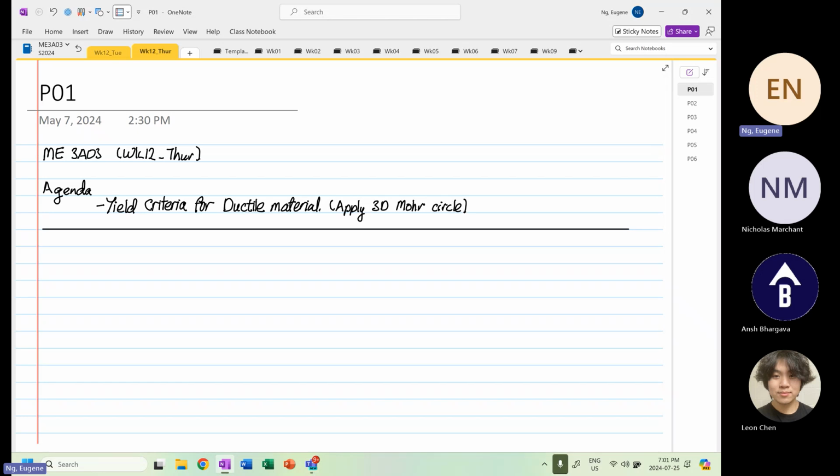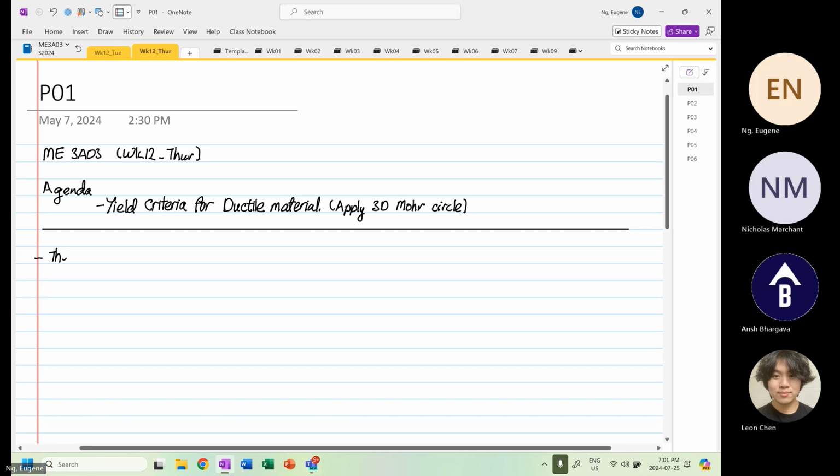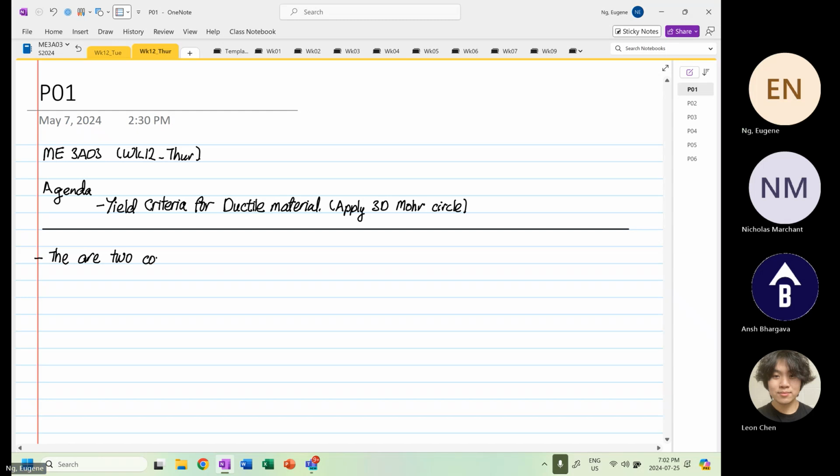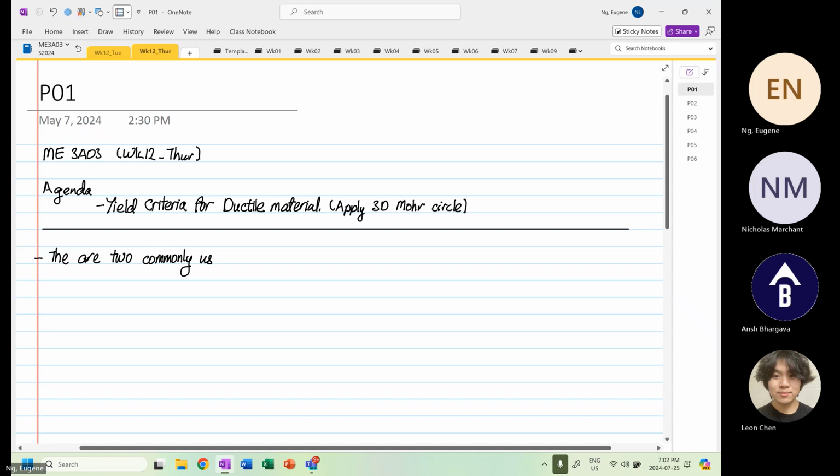Now, in the yield criteria, there are two commonly used yield criteria.